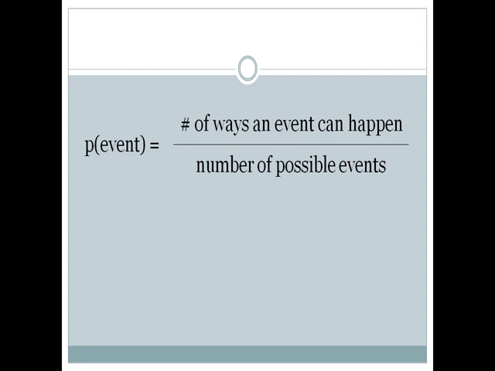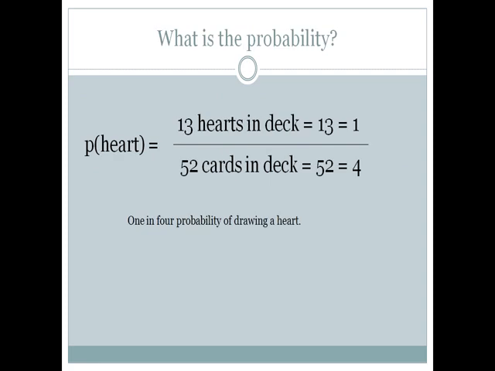Looking at the equation for this, the probability of an event is equal to the number of ways the event can happen divided by the number of possible events. If we flip a coin, heads can happen on one side of the coin, but there are two possible sides. 1 out of 2 is 50%. Another example is drawing a card at random from a deck of cards.